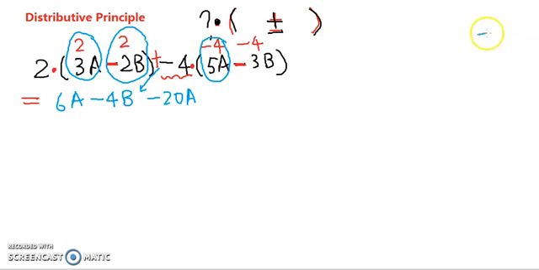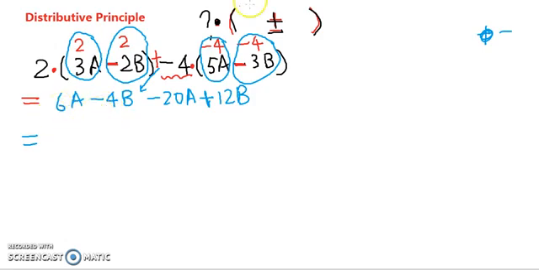If there's a plus sign and a minus sign together and there are no parentheses, you can omit the plus sign. And similarly, we're going to multiply negative 4 and negative 3b, which gives us positive 12b, because negative times negative is positive.